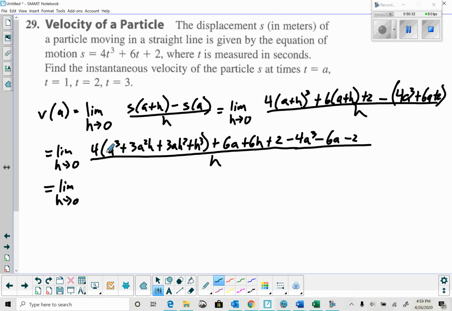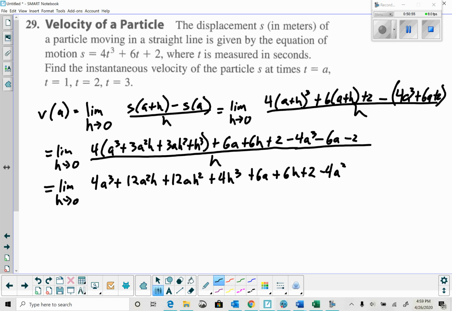Now I distribute the 4, so that'll give me 4a cubed plus 12a squared h plus 12a h squared plus 4h cubed. Yay for a digital pen. Look at how much paper that would take up.